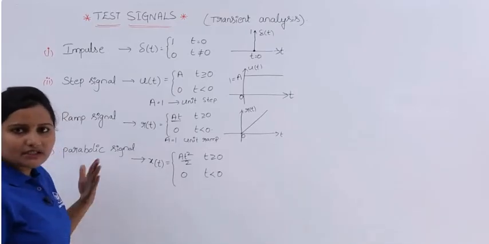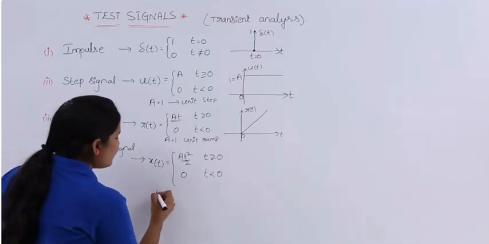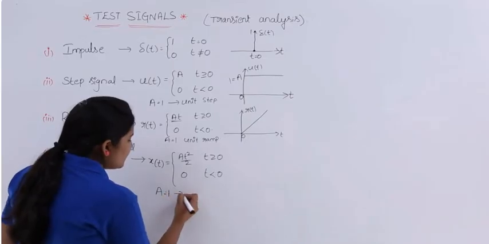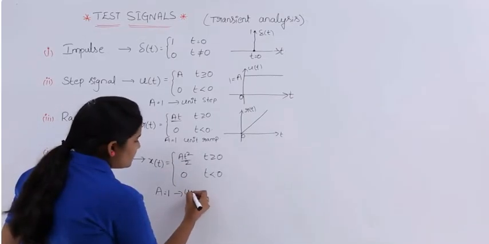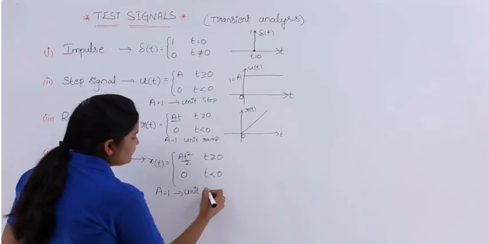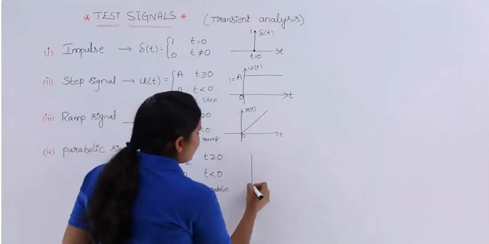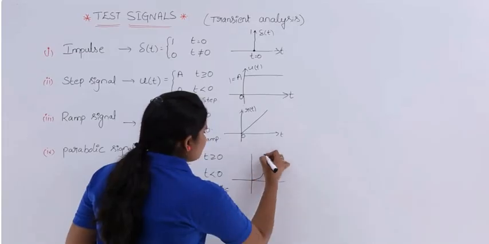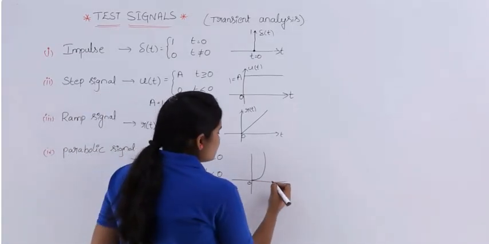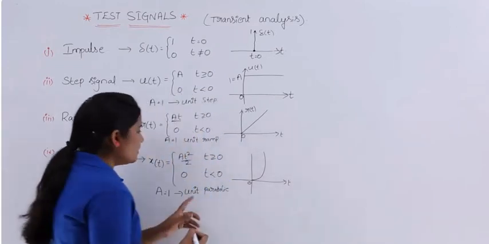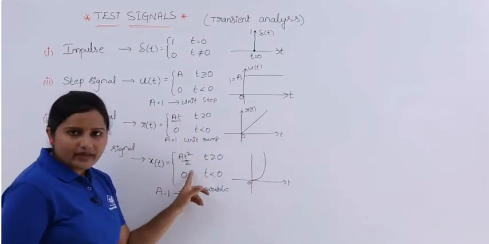When a is equal to 1, the parabolic signal is called the unit parabolic signal. The shape of the parabola will be like this. From 0 to t, it gives us a t square by 2.